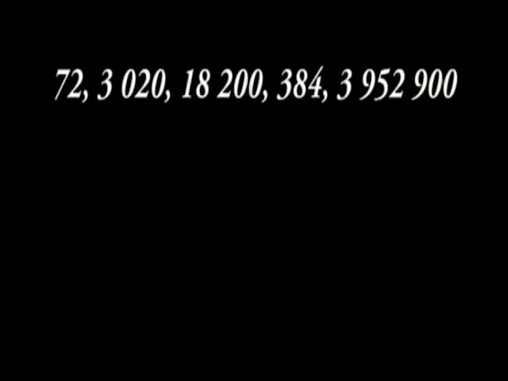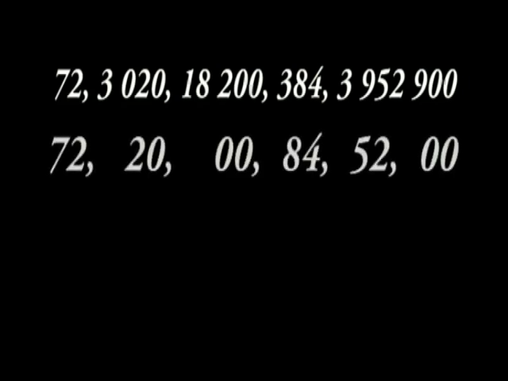Divisibility by 4. Again, consider the numbers below. Confirm with your calculator that all of them are divisible by 4. In these numbers, the last two digits are either 0, 0 or form a number that is divisible by 4, that is 72, 20, 84.